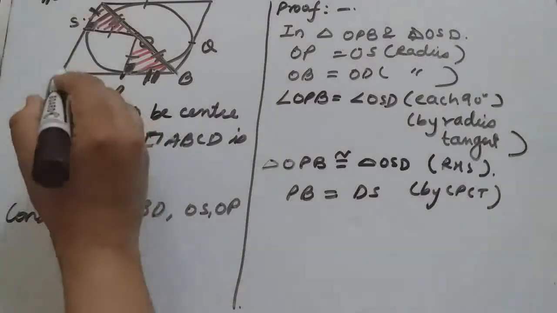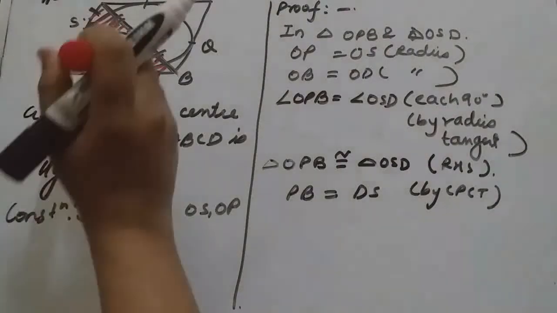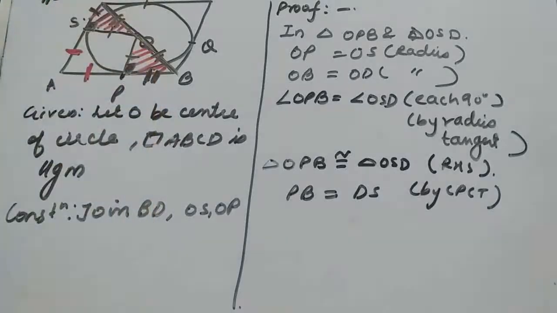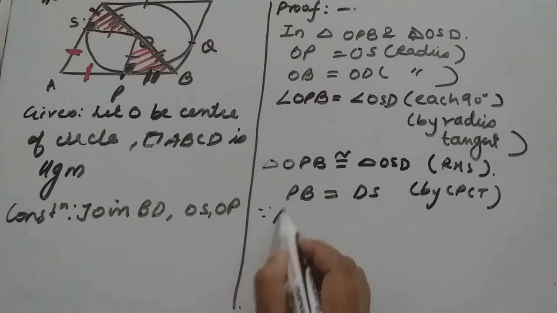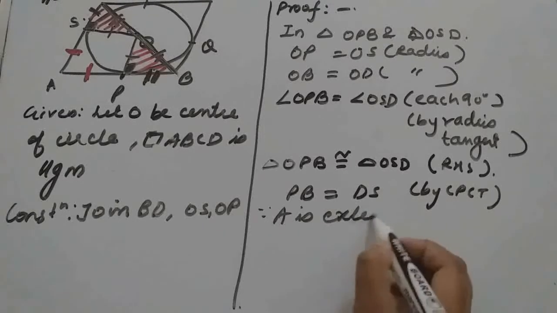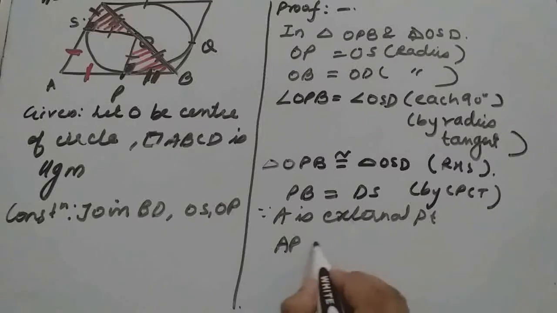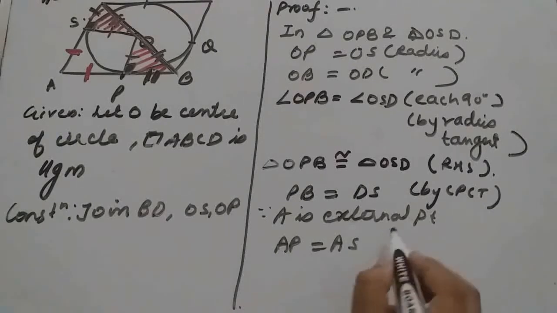But see, we know A is an external point, so AP and AS will be equal by the equal tangent theorem. External point, so AP and AS are equal.